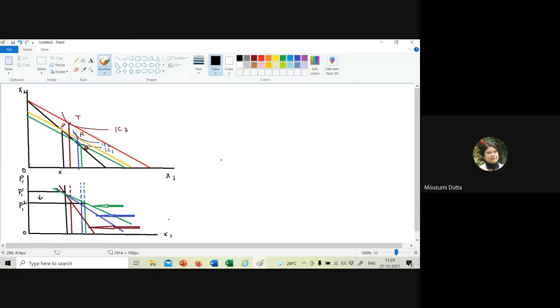So this is x1 naught. Hicks is given by x11.